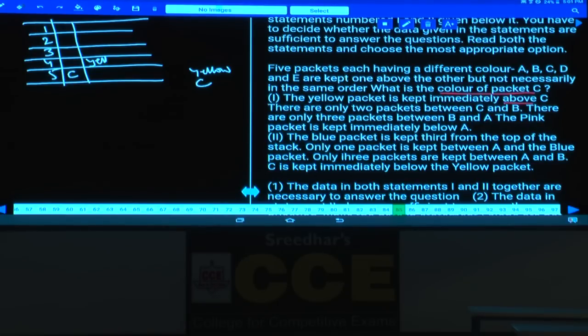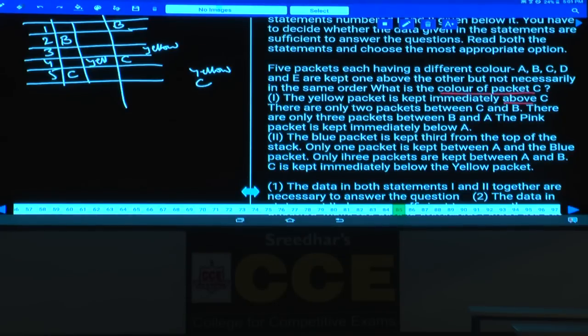That is one possibility. Only 2 packets between C and B, so B can be here. Then what is the second possibility? If C is here and only 2 packets between C and B, B will be here, and yellow packet is immediately above C. So we have 2 possibilities.